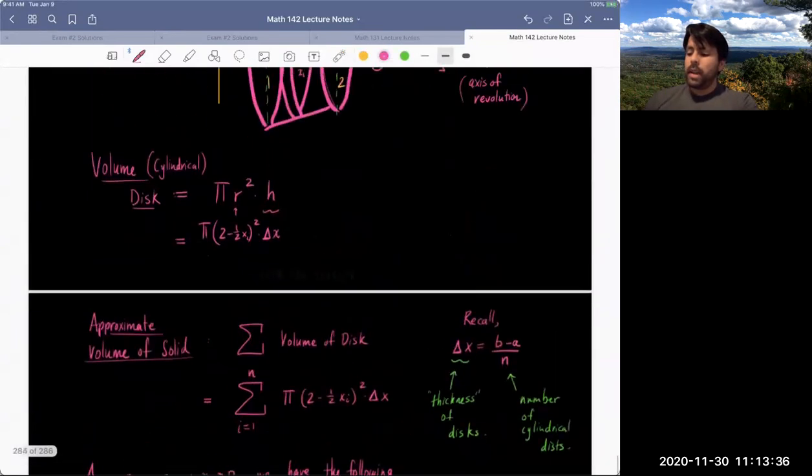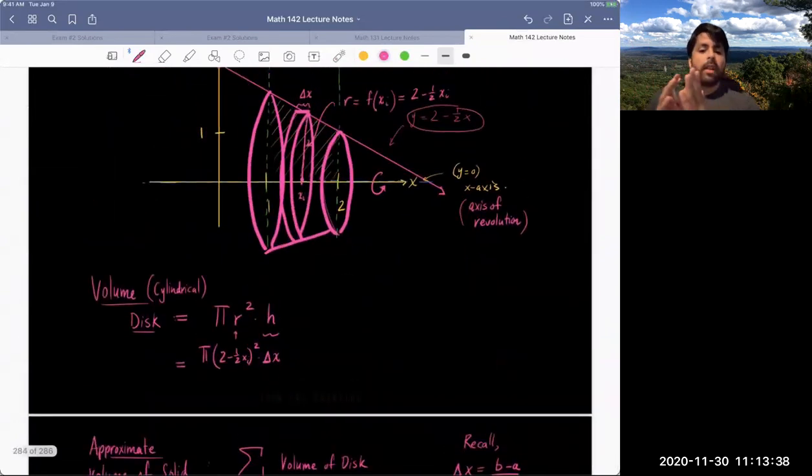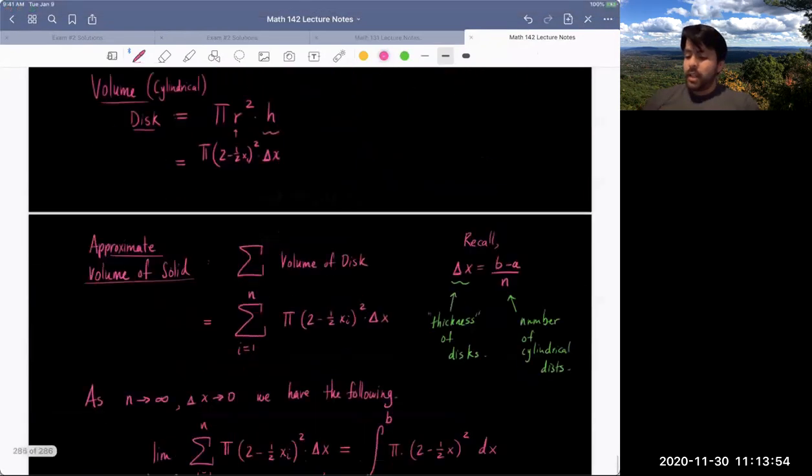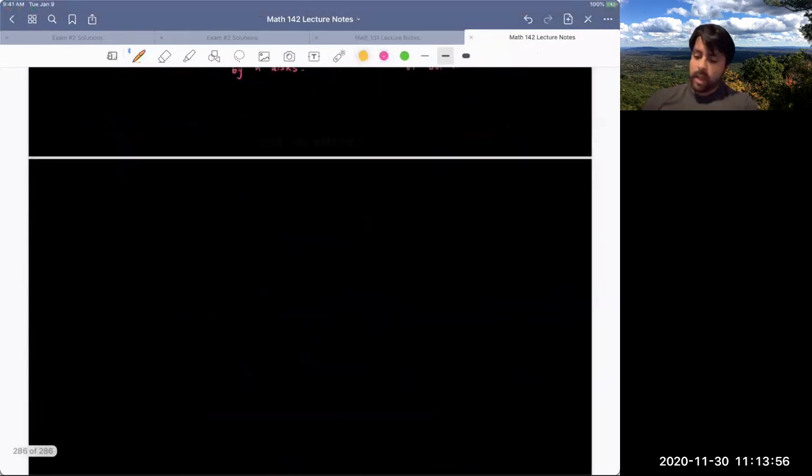So then what's my a and b again? Remember, my a and b are the lower and upper bounds of my integration. My lower bound of integration is going to be 1 because my x values go from 1 to 2. So the volume of my solid of revolution is the integral from 1 to 2.